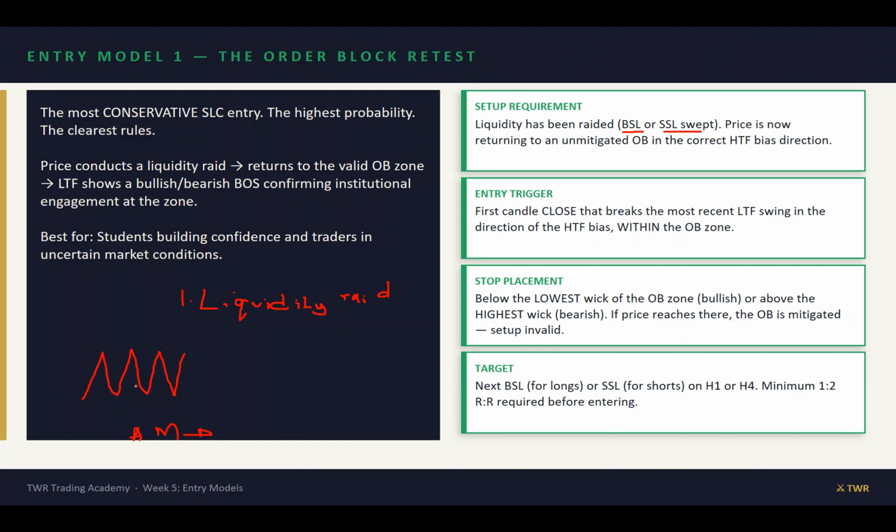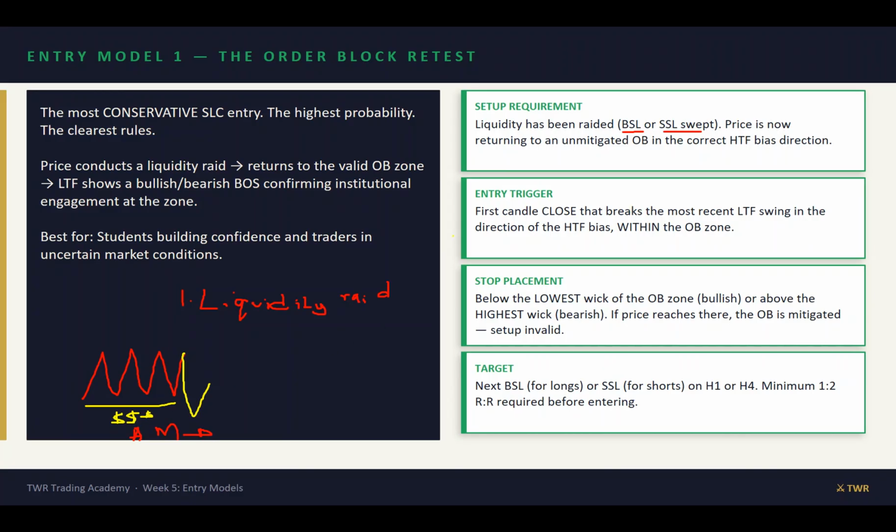So if you see price ranging, building up liquidity, next, wait for a liquidity raid. A liquidity raid is where price sharply drops, collecting liquidities that were resting below this point.